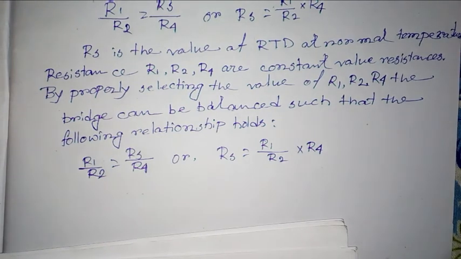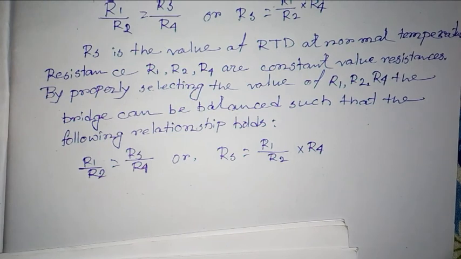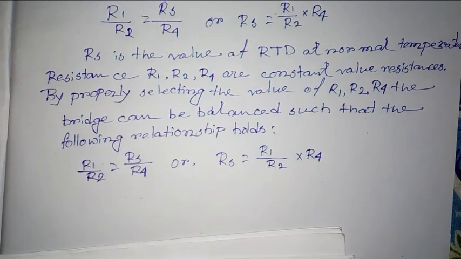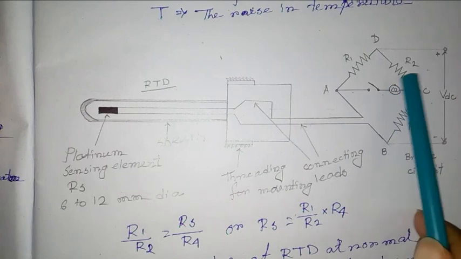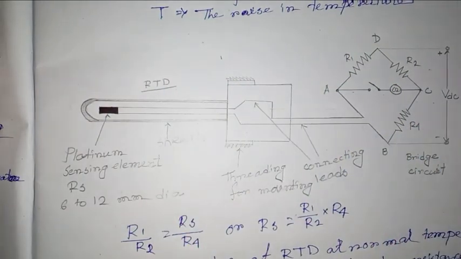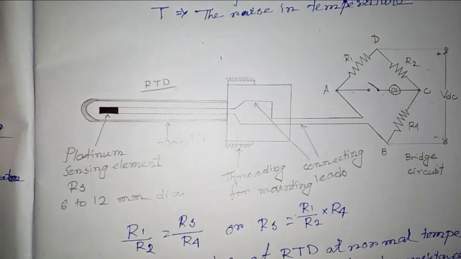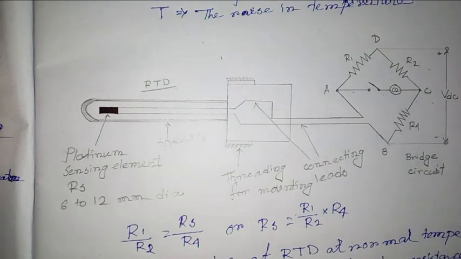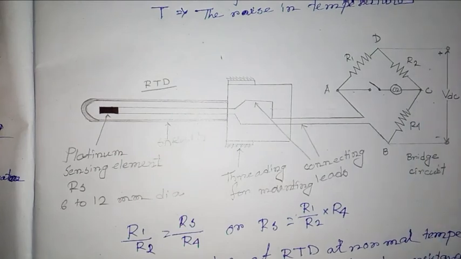Once the bridge is balanced under normal condition, the galvanometer will give zero deflection, that means when R1 by R2 is equal to Rs by R4.